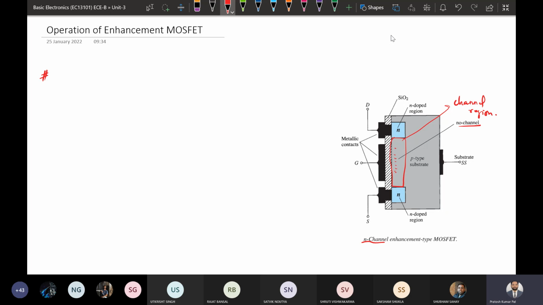Here we need to attract electrons so that, as the drain and source are N type, there will be a direct path between source and drain with the help of the channel. This channel will have majority electrons. For that we need to apply a gate voltage that should be either 0 or greater than 0.